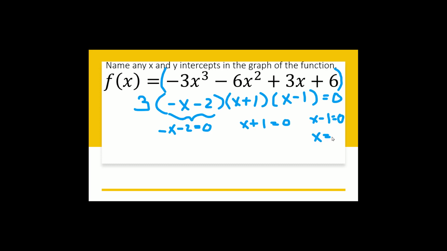Here we have x equals 1. Here we have x equals negative 1. And here we have negative x equals 2. When we move that 2 over to the right, now divide through by a negative 1, or multiply both sides by negative 1, and we'll get x equals negative 2. So here are your x-intercepts.